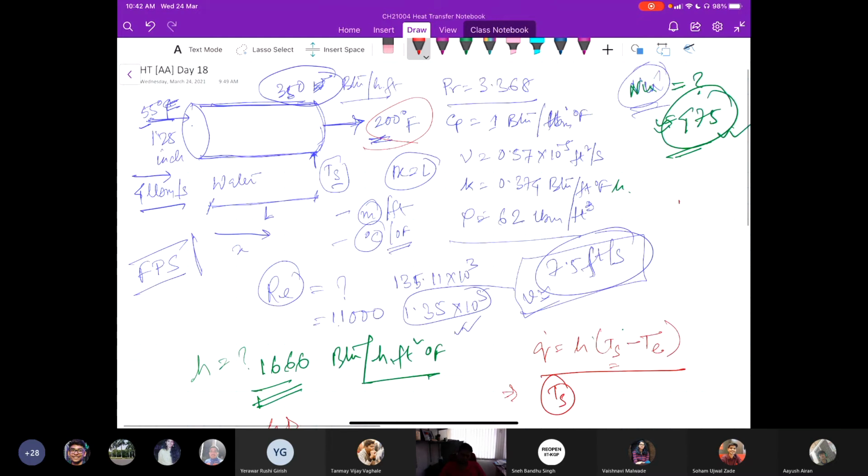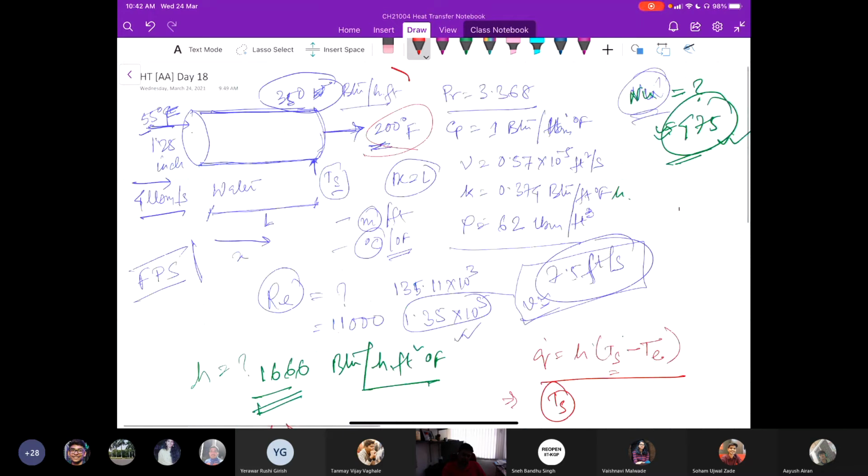Here, the Q that is mentioned is 350 BTU per hour per feet. So m Cp delta T divided by this parameter would give you the value in feet.